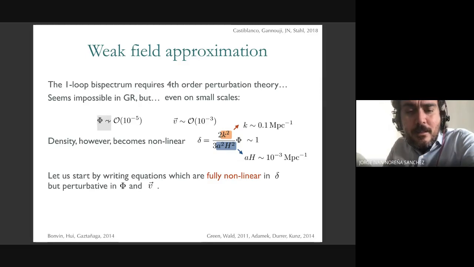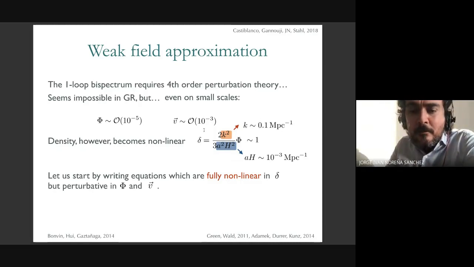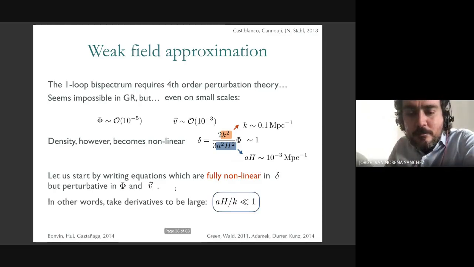Simply because in the Einstein equations you only have a finite number of terms with derivatives, so we take derivatives to be large, such that delta can be order 1, but we take phi and velocity to be small.